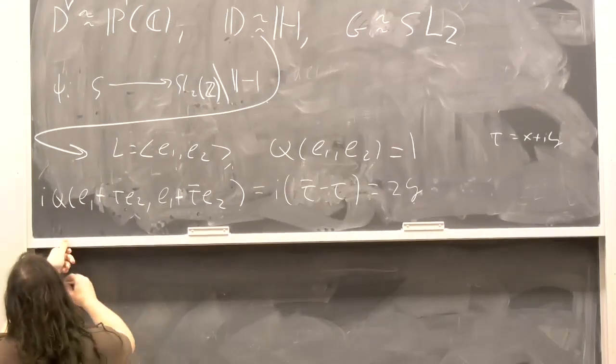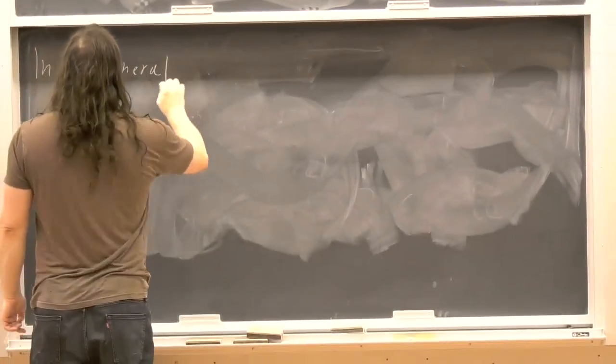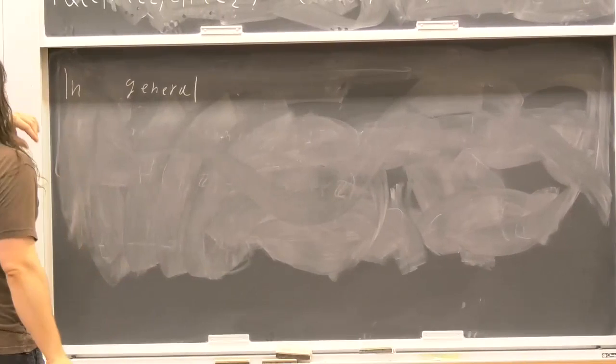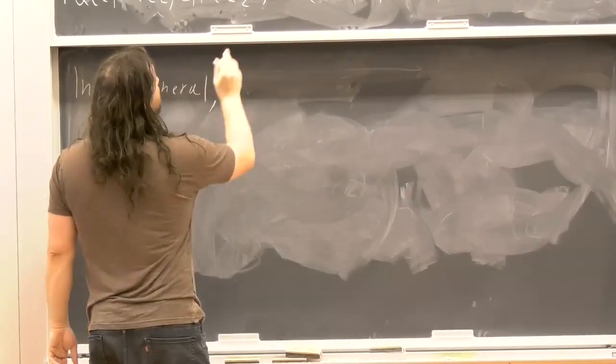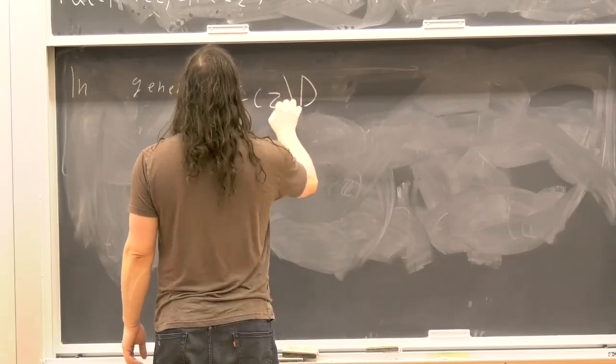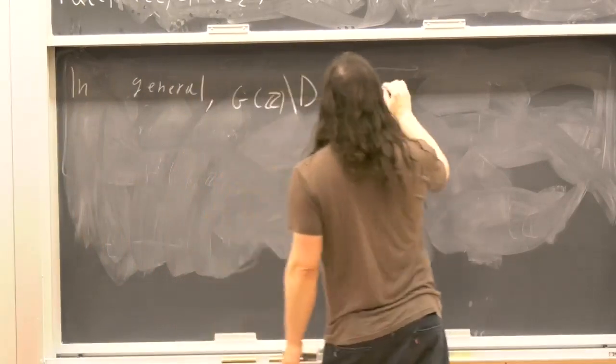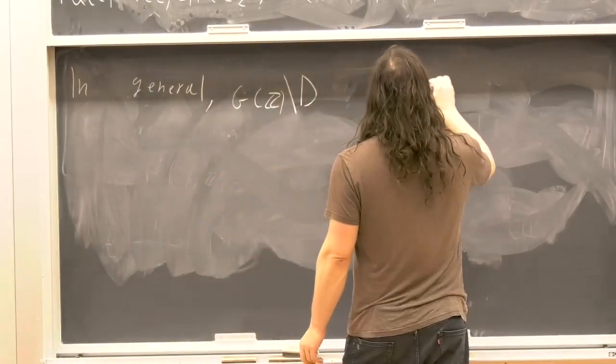In general, and I'll say a little bit more about how one can think of this, our period space, D mod GZ, is very far from algebraic, by which I mean it admits no algebraic structure.